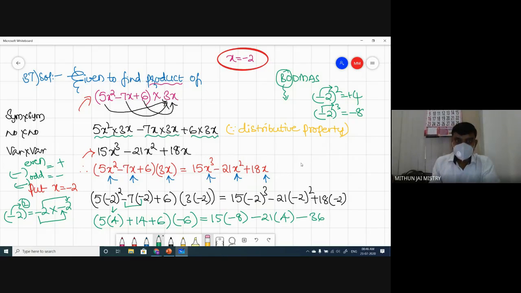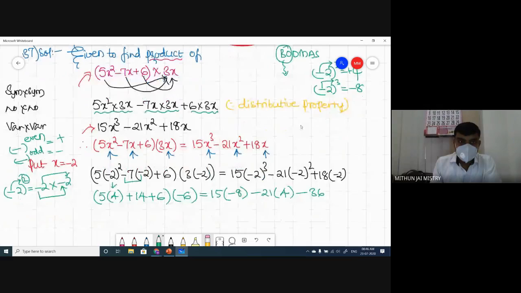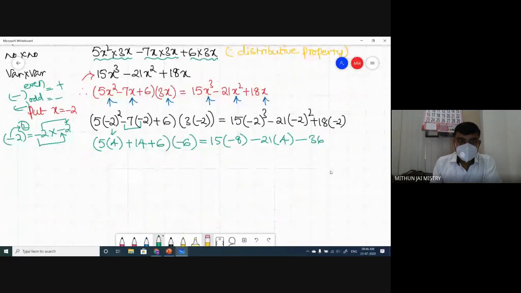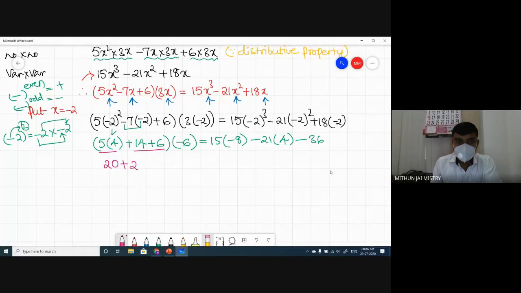Now let me take it inside. Now 4 times 5 is 20. Then we have plus 14 plus 6 is also 20. And outside we have into minus 6. So into minus 6 is equals to, now here be careful, plus into minus is minus.